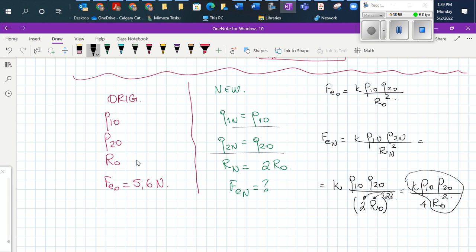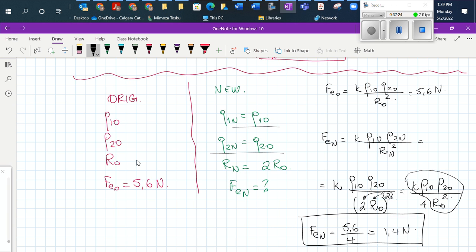And then, this combination of K, Q1 original, Q2 original over radius original squared will give us 5.6. So the new electrostatic force will be 5.6 divided by 4, or if you enter it in your calculator, will be equal to 1.4 newtons.